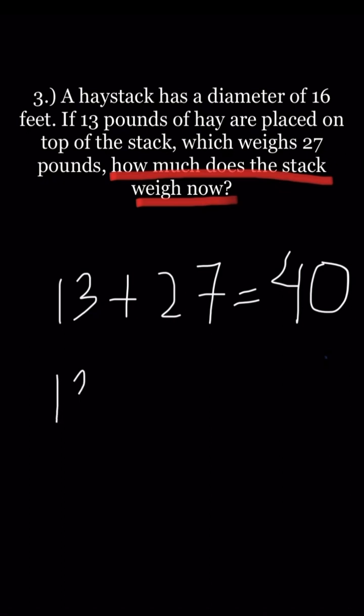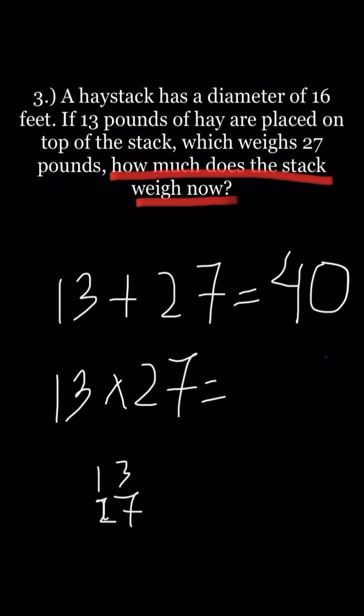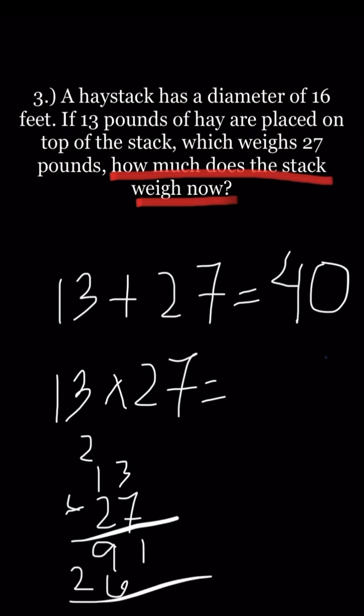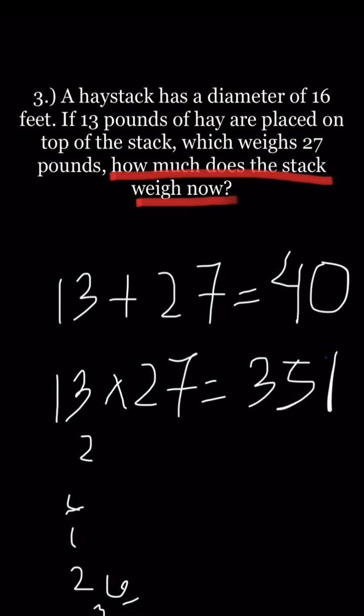And if we're going to multiply these two numbers, I get 13 times 27. 7 times 3 is 21. 7, and then plus 2, 9. 2 times 3 is 6. 2 times 1 is 2. So we have 351.